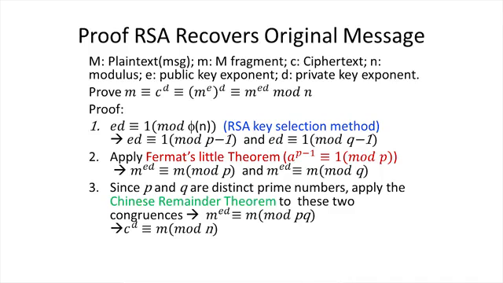Step 1, we use the fact that ed and 1 are congruent modulo phi of n, which holds true based on how d is selected. It extends to these two equations, where e times d and 1 are congruent modulo p minus 1 and modulo q minus 1, since phi of n is equal to p minus 1 times q minus 1.